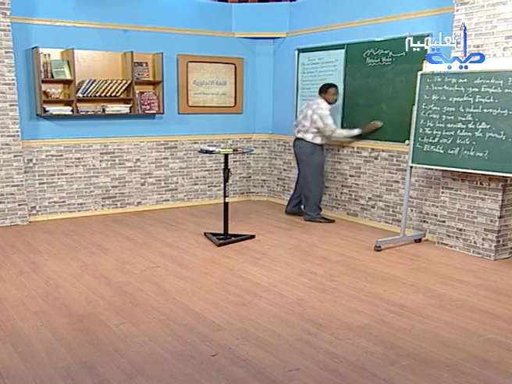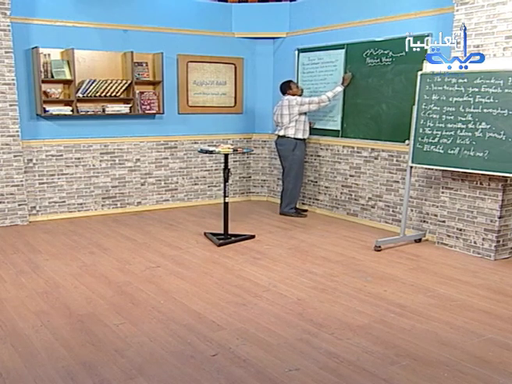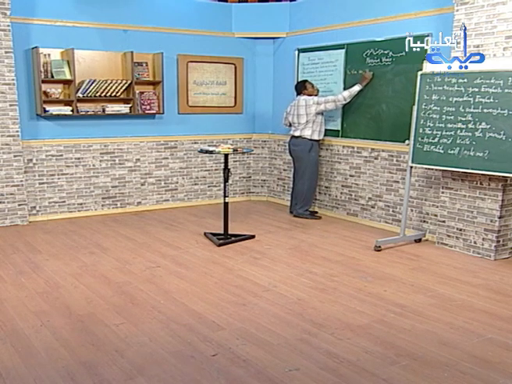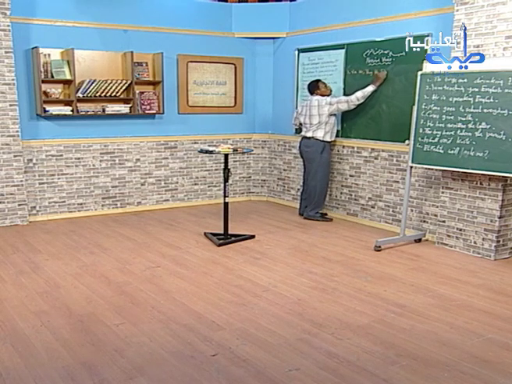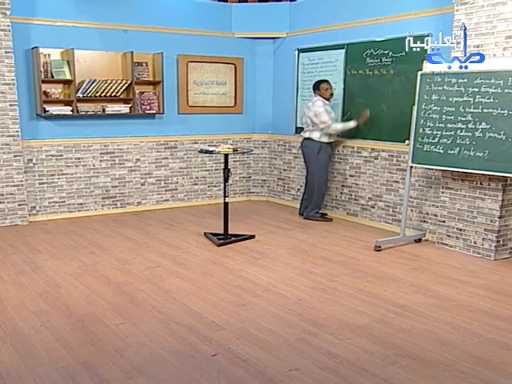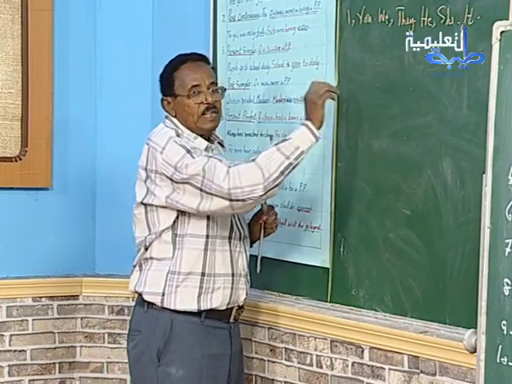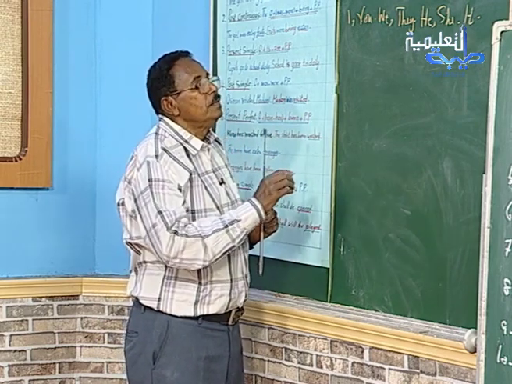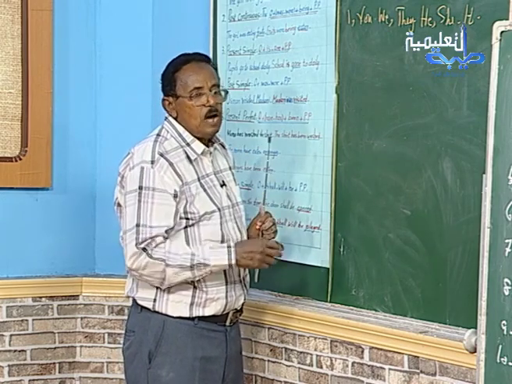If the sentence hasn't I or you or we or they or he or she or it, or names, singular nouns like Muhammad, Ali, Usman, the cat, the donkey, or the plurals, the boys, the girls, the teachers, the cows, and something like that.